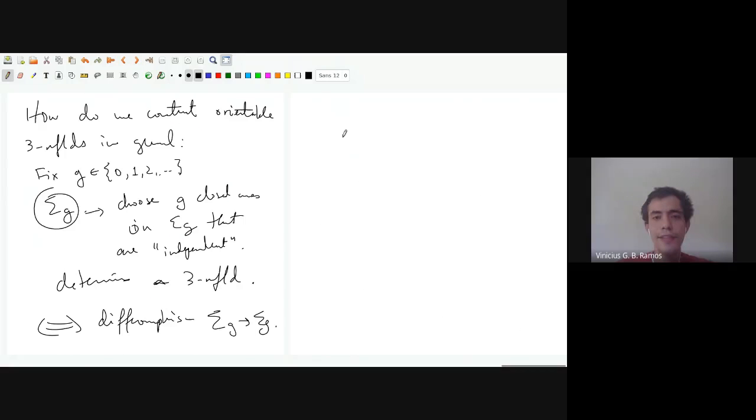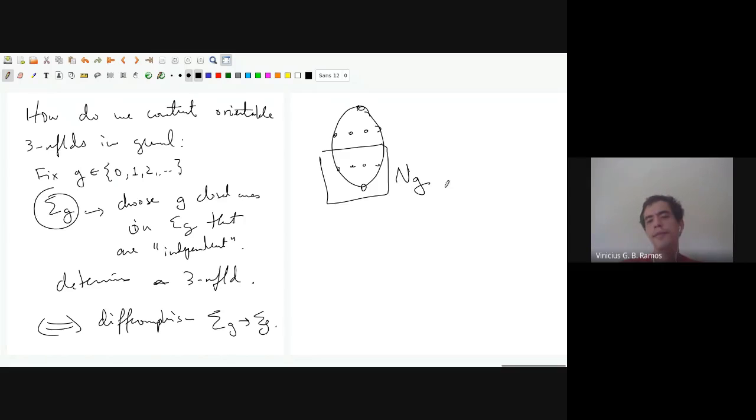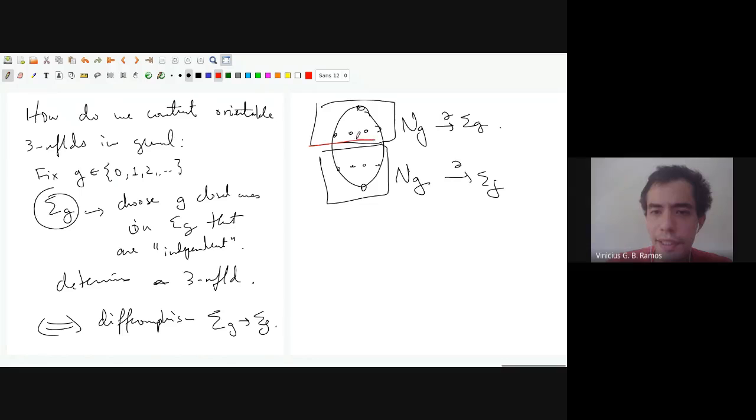So if my three manifold, let me draw it like this, this part here is a genus G handlebody. So this is a three manifold whose boundary is sigma G. And if you look at the top part, it's also the same thing. So what you need to know is how the sigma G here glues to the sigma G here.